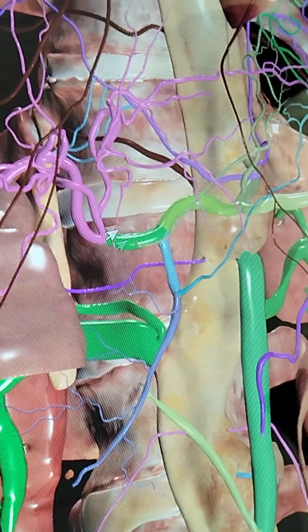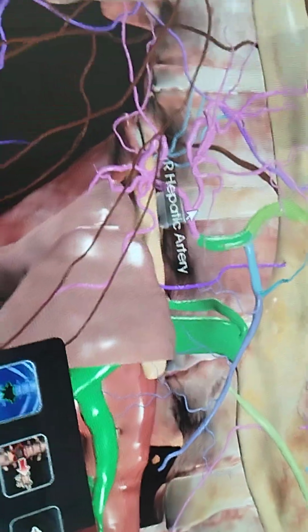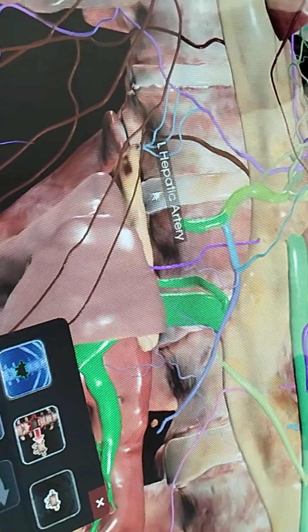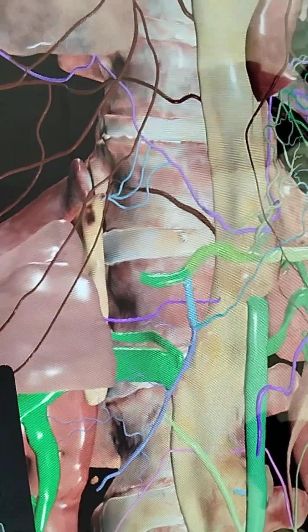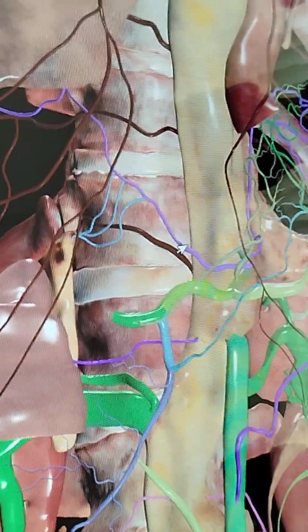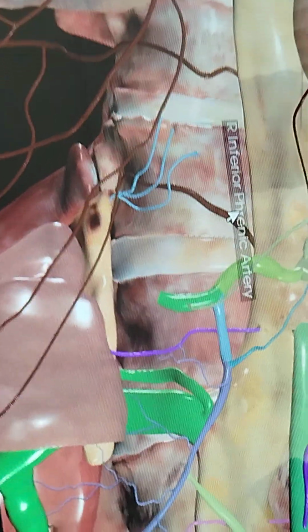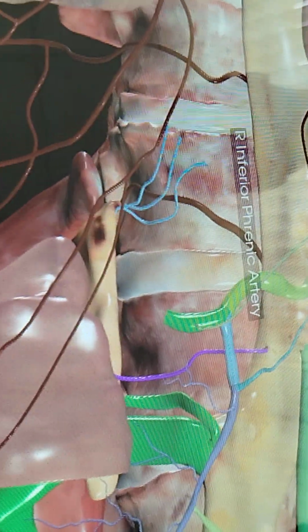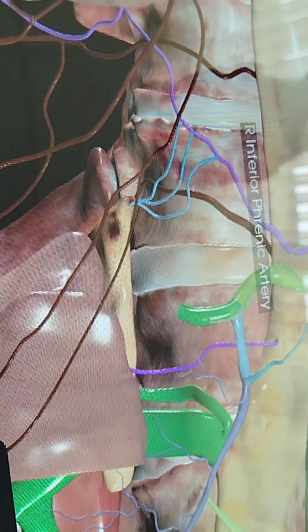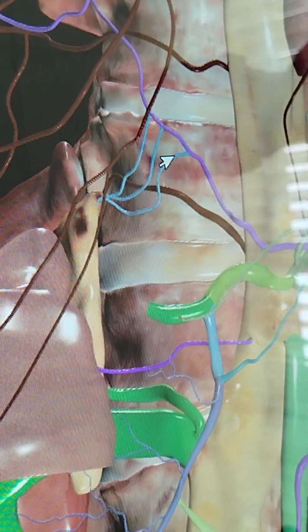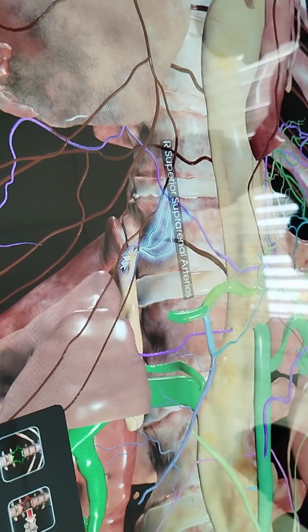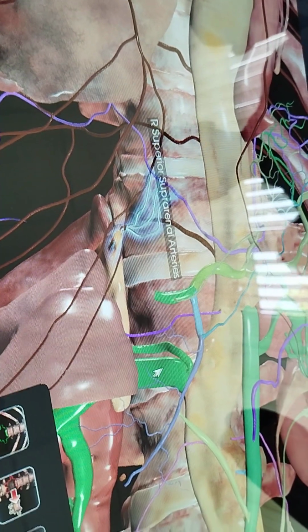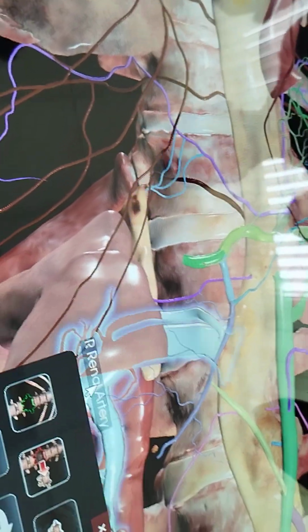Then, just a moment, I remove hepatic. And now, this is the inferior phrenic artery, arteria phrenica inferior, and it gives arteria suprarenalis superior. And this is the renal artery.